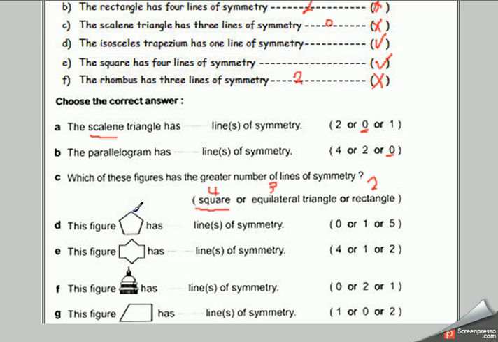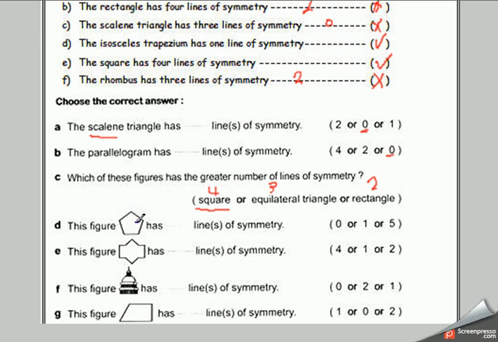If I have a regular hexagon, not any hexagon, you should say regular hexagon. All sides are equal and all angles are equal. What's the meaning of regular?